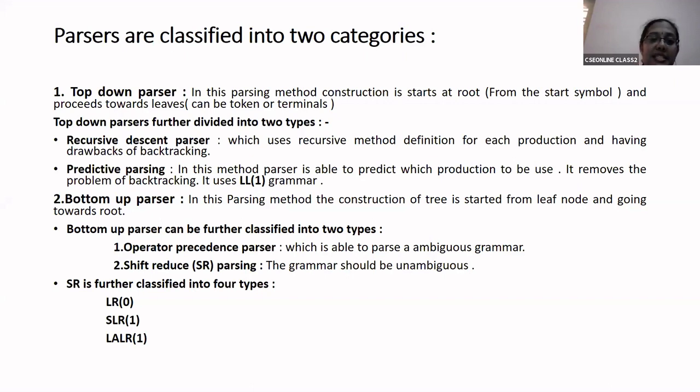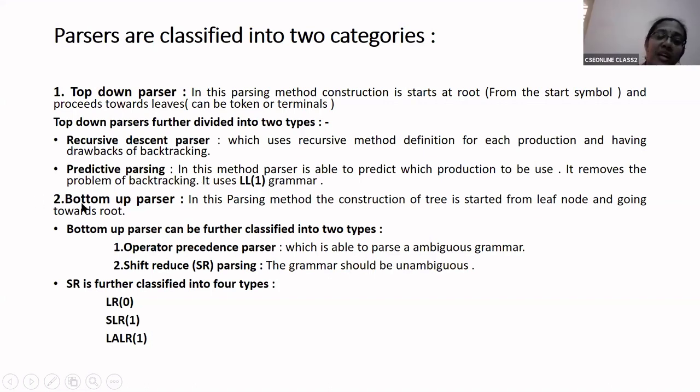Okay. So in this slide, I'll just give you 2 minutes. You can just go through what each type of parser is. As I told you, top-down parsers are divided into two types: recursive descent parsing, which uses backtracking, and predictive parsing, which does not make use of backtracking.